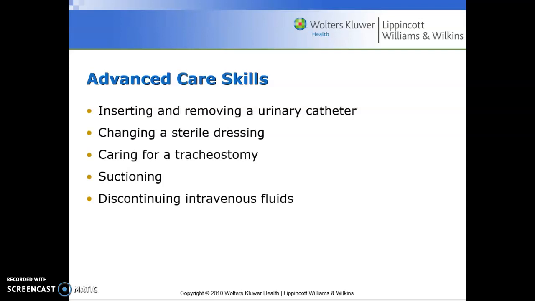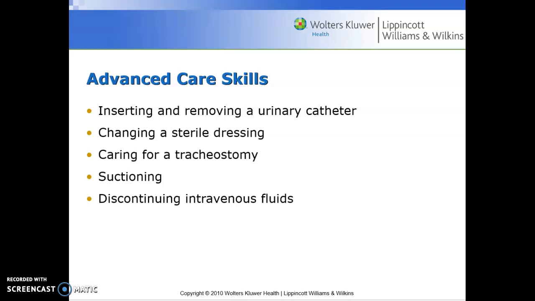This is one thing that you will learn how to do in lab: insert and remove a urinary catheter. The reason this is an advanced skill is because it has to be sterile. A sterile field is created on a hard surface, and you're basically creating a microbe-free work area.